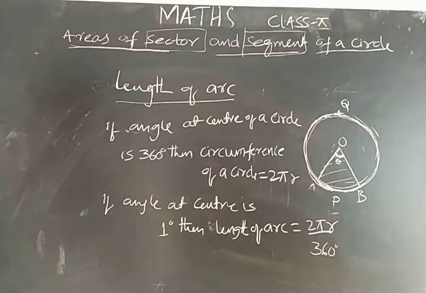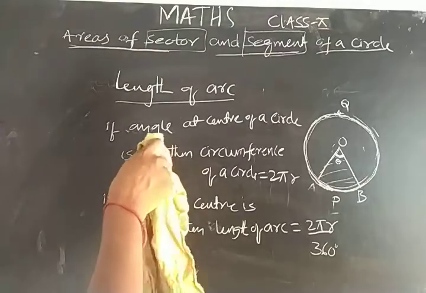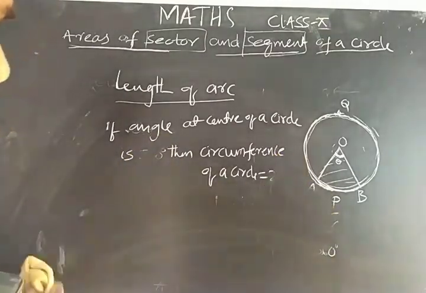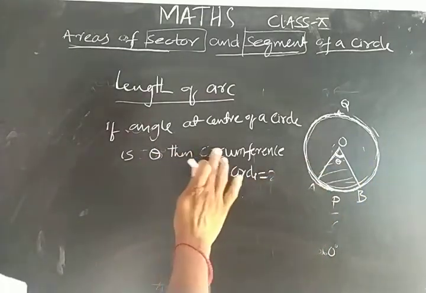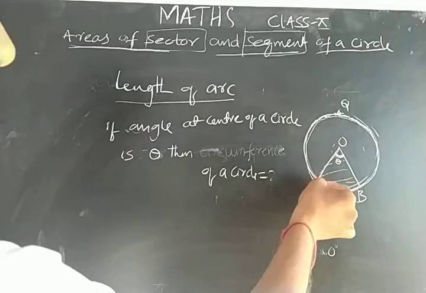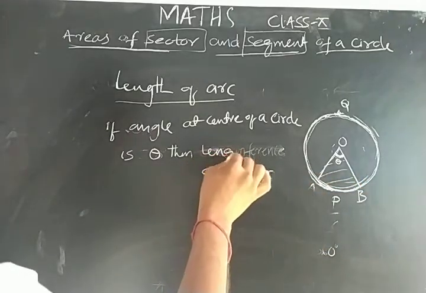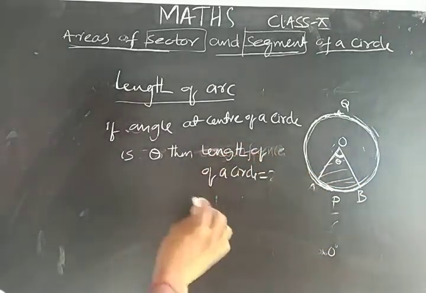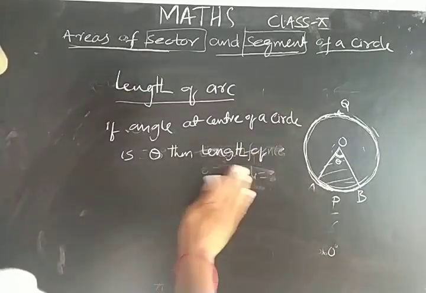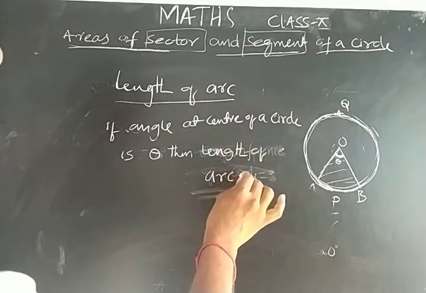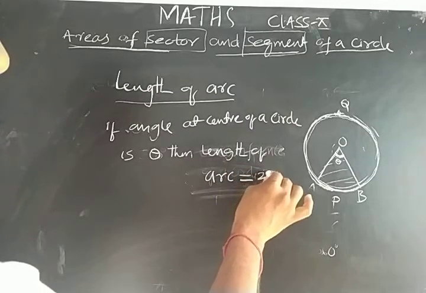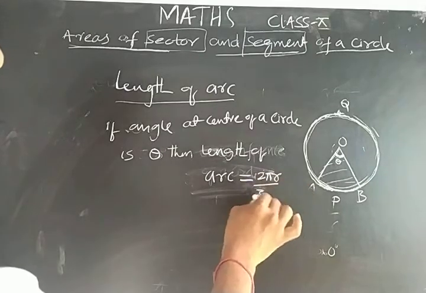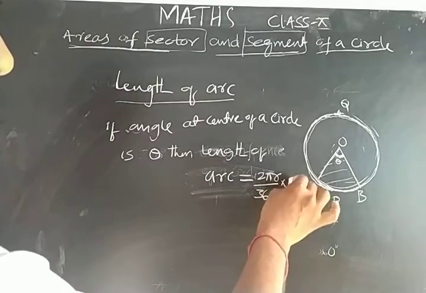Similarly, if the angle at center is theta, then the length of arc is equal to, what is the formula? 2 pi r by 360 into theta.